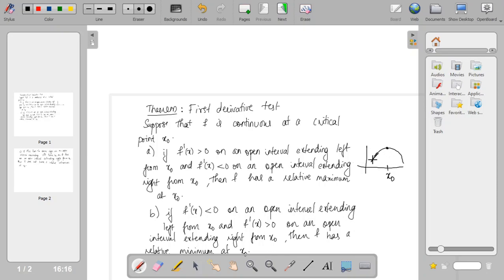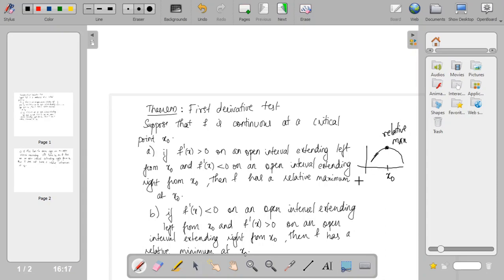Here f dash of x is greater than 0 on an open interval towards the left from x naught, and here it is decreasing. So f dash of x will be less than 0 on an open interval extending right from x naught. So in such a case f has a relative maximum at x naught. So this will be a relative maximum.